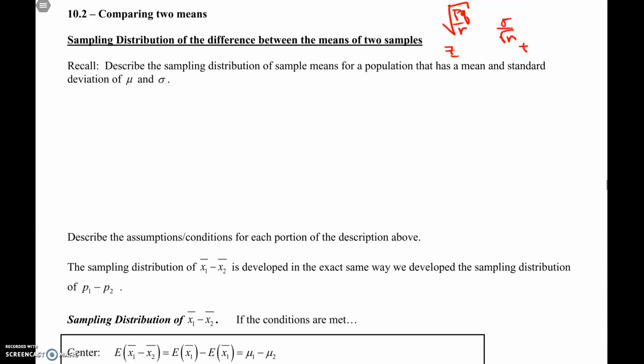Okay, so first recall the sampling distribution of sample means for a population that has a mean and standard deviation of mu and sigma. Describe the sampling distribution. So, center. The mean of my sample means is going to be equal to the true population mean.